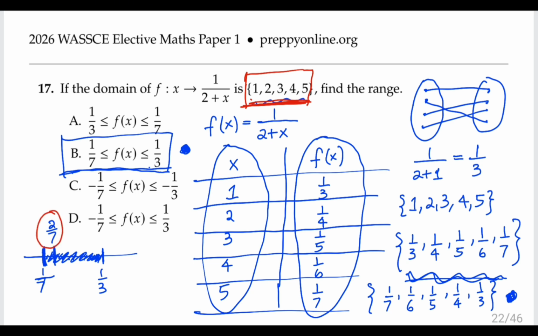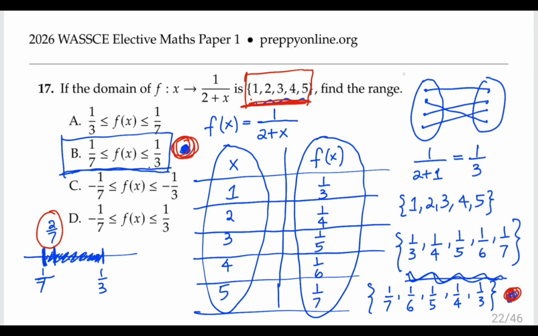The answer is, there is no number in this list that's going to give you 2 over 7. That is why, even though B seems close to the result, B cannot be the answer, because B contains values that no value of x will take us to.